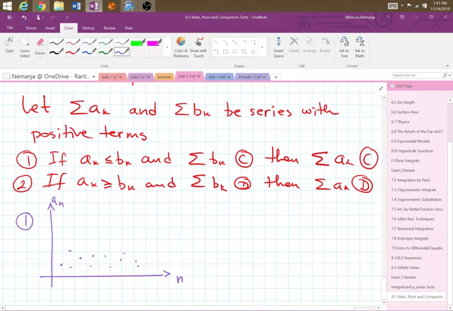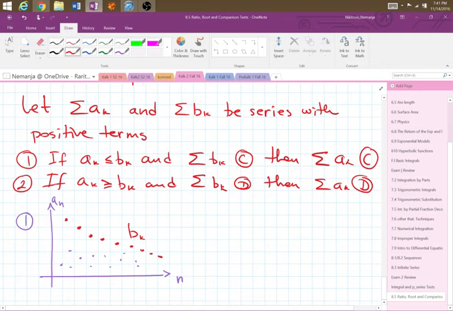So what we can do is kind of use the squeeze theorem idea, where you come up with the convergent BK. All right? So sum of BK is going to converge, but BK is trapping AK completely between the x-axis, right?